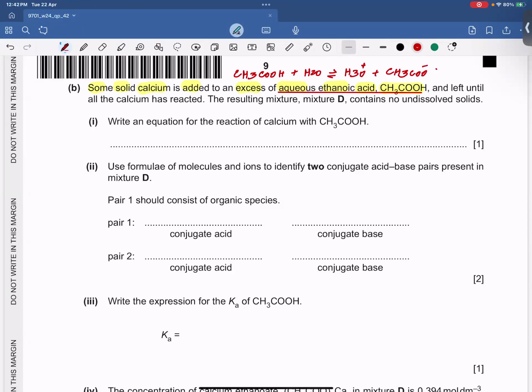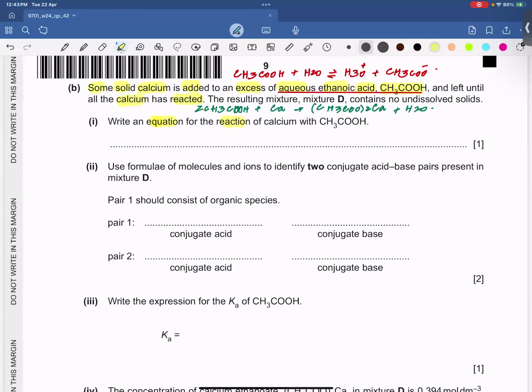Second thing, calcium has reacted with this acid. So this ethanoic acid, when reacting with calcium, obviously calcium ethanoate is formed. And hydrogen gas is given off, all right? And by the way, this calcium ethanoate is a salt. It is soluble in water.